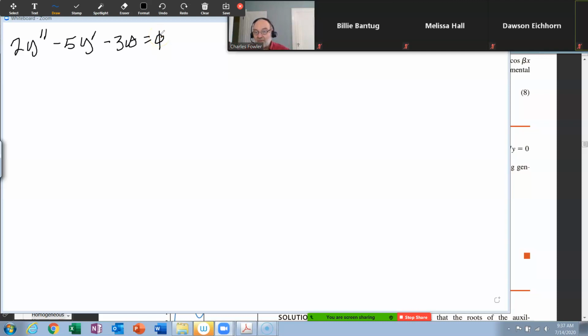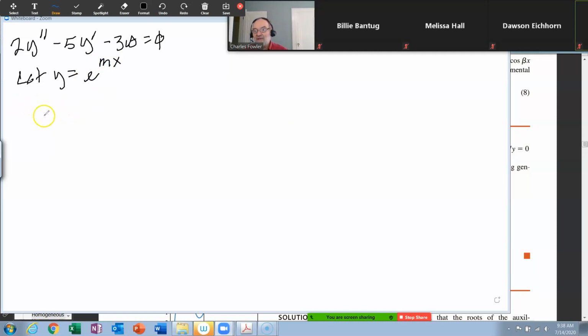A linear, homogeneous, second order differential equation with constant coefficients. Now, I like to write this down. The book tends to forget to do it. Here's my assumption. Let's assume y, this is your solution, is equal to e to the mx. I always like to write that down.